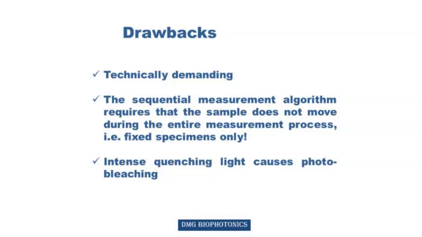Despite the achieved resolution, these systems carry significant limitations. First, they're technically demanding, which drives up both complexity and cost. More critically, they're restricted to static specimens, meaning live cell imaging simply isn't possible. And finally, the intense light quenching used to reduce the number of excited fluorophores leads to rapid photobleaching.